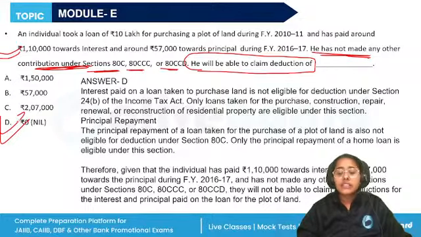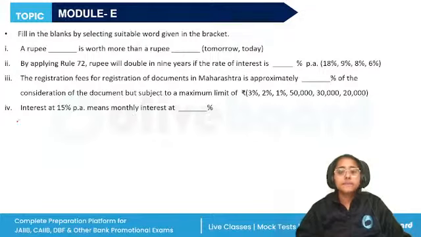Therefore, given the individual has paid 1,10,000 towards interest and 57,000 towards the principal, but not being eligible, and they have not made any other contributions, they will not be able to claim any deductions for the interest and the principal on the loan for the plot of land. All right, so the correct answer is option D.